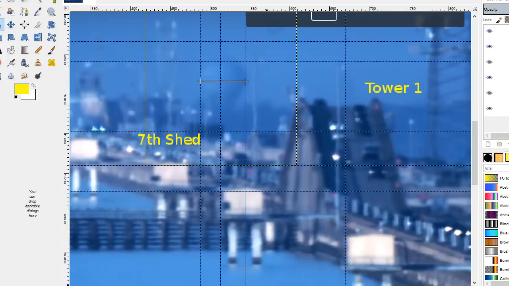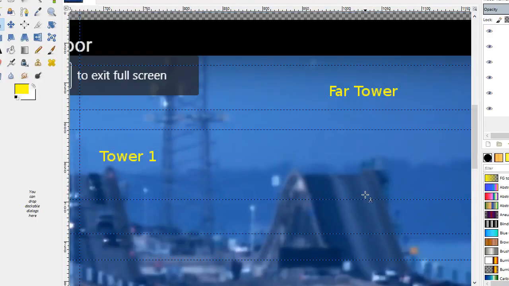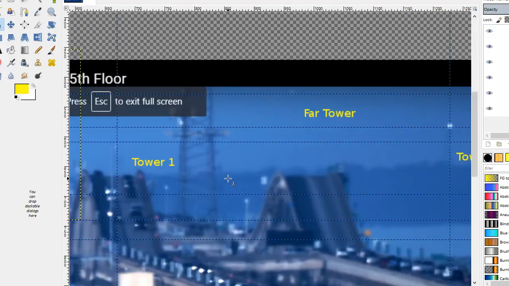So I have to put in the exact line on here, and like I said, it's just a tiny bit off the scale from this tower. But when I do the pixel measurement for the entire width of the image, we get the same pixel value for the distance between this tower and this tower.